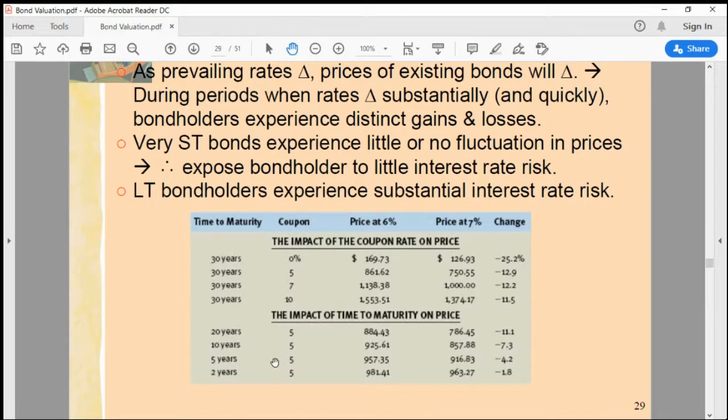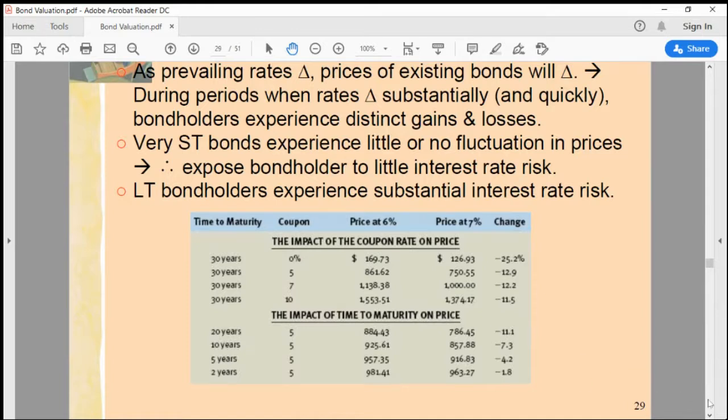So a 7% drop; 5 years, a 4% drop; 2 years, a 1.8% drop. So the impact of the change in the prevailing market rate also depends on the maturity. The longer the maturity is, the bigger the impact, hence called the maturity risk, right?